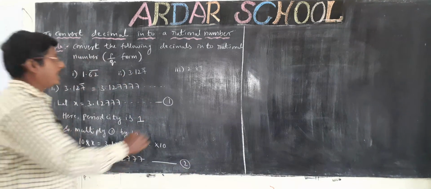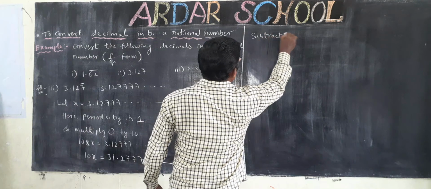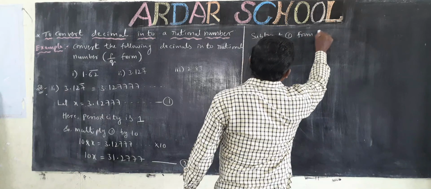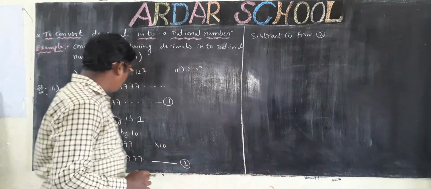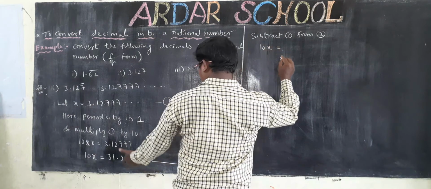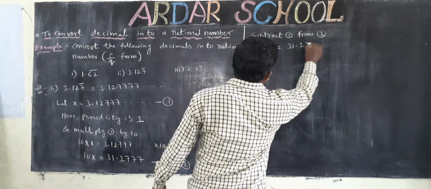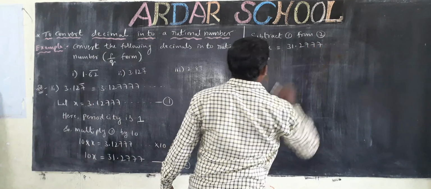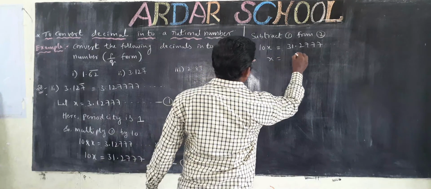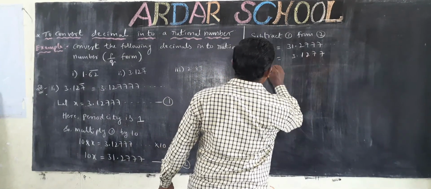Now we have to subtract equation 1 from equation 2. First you have to write equation 2: 10x is equal to 31.277. Next, equation 1 is x is equal to 3.1277.